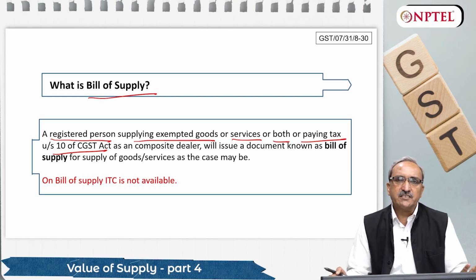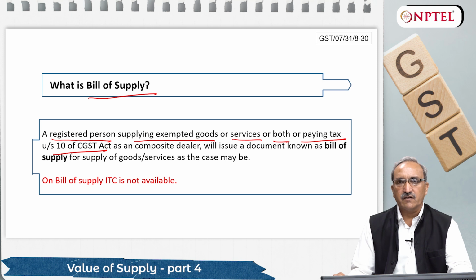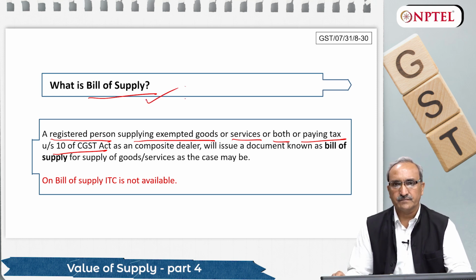So, the transactions where GST is not to be charged in your bill, maybe in case of exempted goods, maybe exempted services, maybe where the dealer or taxable person is registered under the composition scheme, where he is not supposed to charge tax in his invoice, but they will issue some document for the movement of goods or for the services. That document is known as a bill of supply.